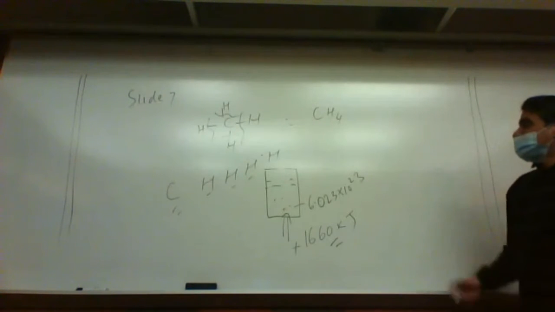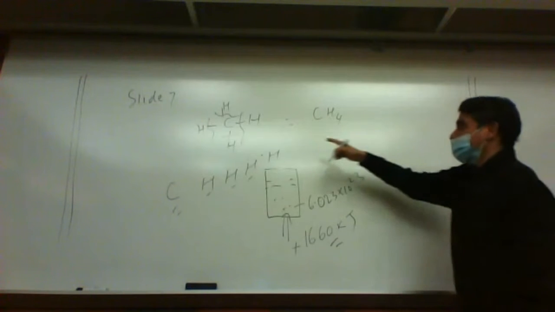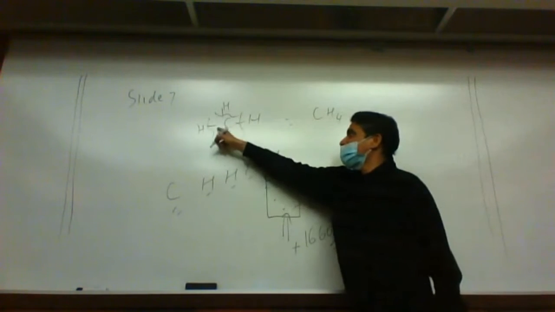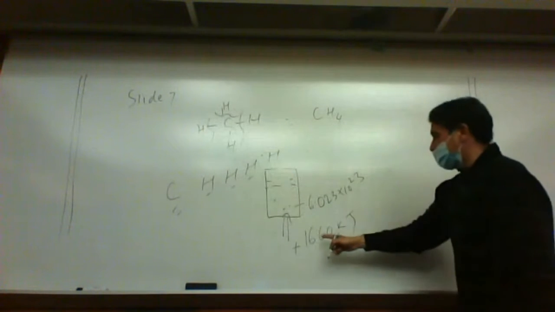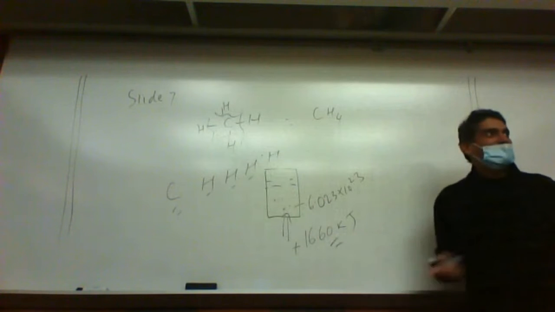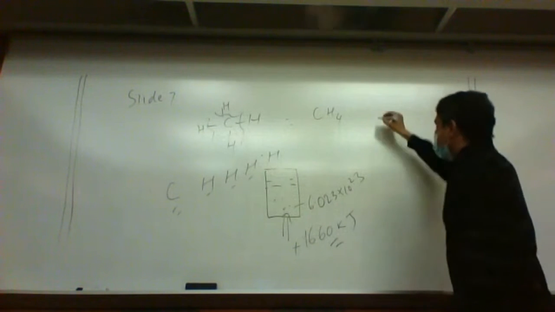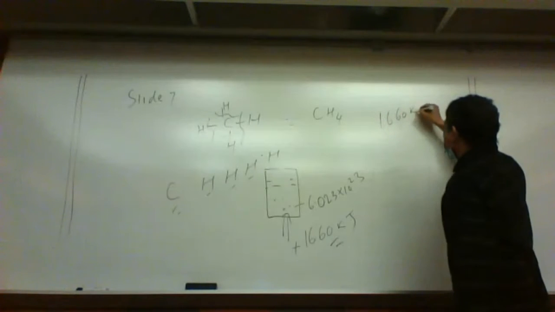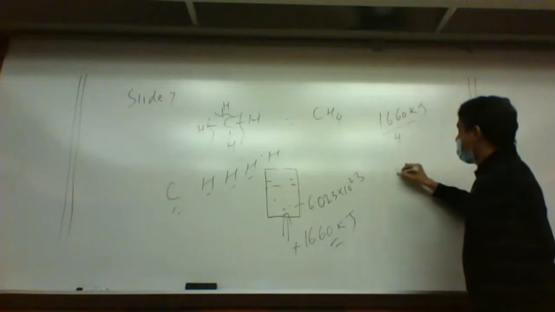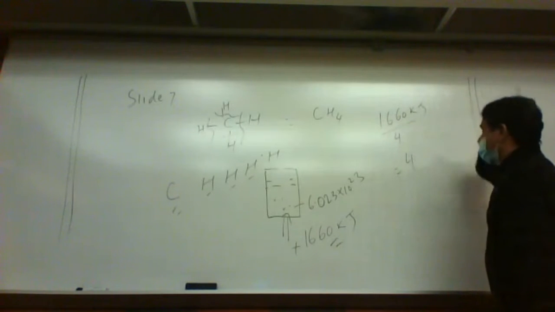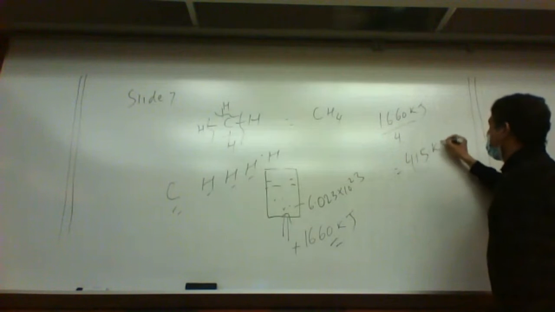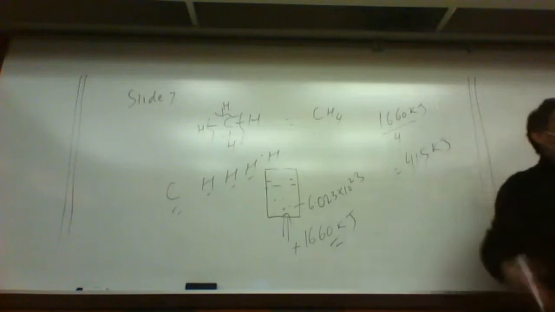Now, how much is the CH bond strength then? How many bonds do we break here? 1, 2, 3, 4. To break 4 bonds, we need 1660 kilojoule, right? Now, how much energy is needed to break 1 bond? That is 1660 kilojoule divided by 4, that is 415 kilojoule to break 1 mole of CH bonds.